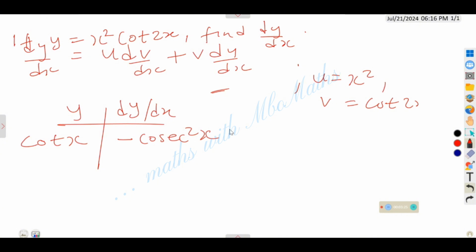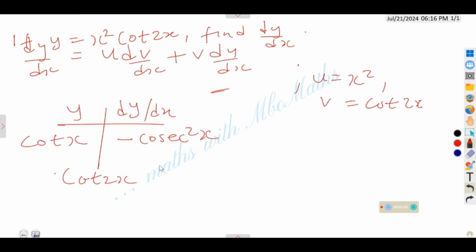But remember, in this question, one of the functions is cot 2s, which is what we have here. This thing is 2s, so we can't just differentiate this. This is a function inside a function, so we apply chain rule here.